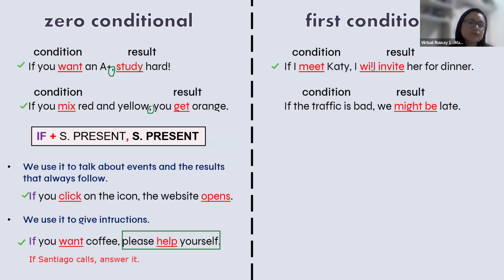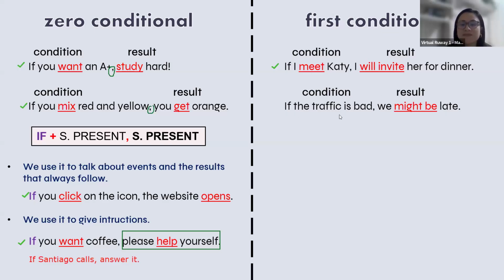Estoy metiendo el futuro. Si yo me encuentro con Katie, yo la voy a invitar a cenar, right? Ahora, no es un resultado que siempre va a seguir a la parte de conocer a Katie. Es una de las probabilidades reales que puede suceder, ¿no? Si la condición pasa, este resultado va a pasar, right?